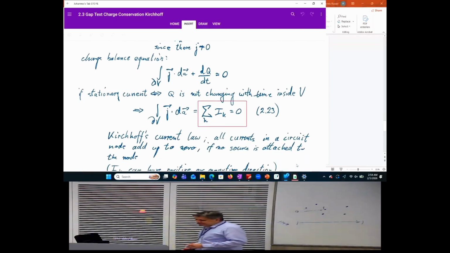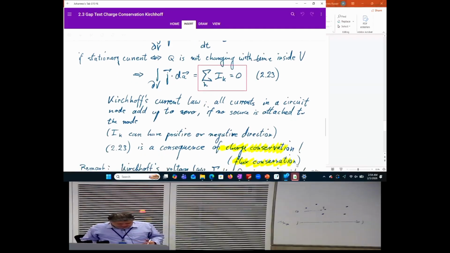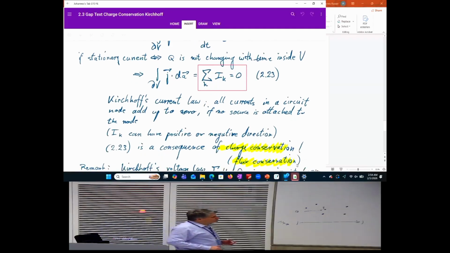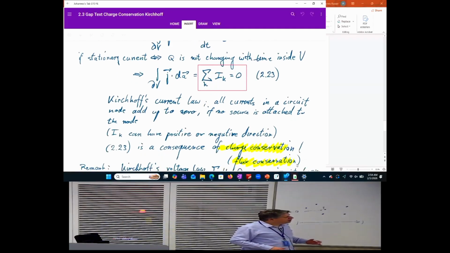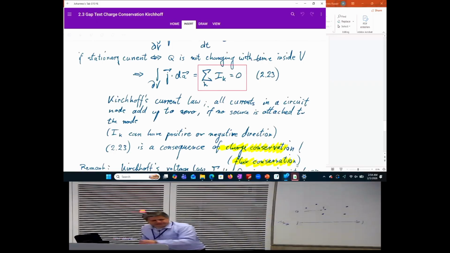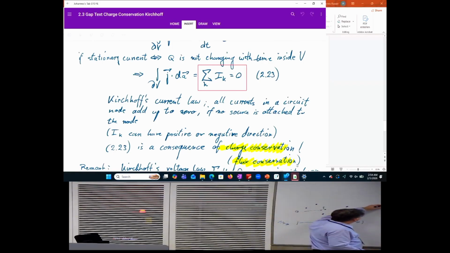And if you compare it to the other Kirchhoff law that we looked at, the Kirchhoff voltage law, if you have some network here with node 1, node 2, node 3, then you also have a voltage U1, a voltage U3 and U2, and you have currents here.